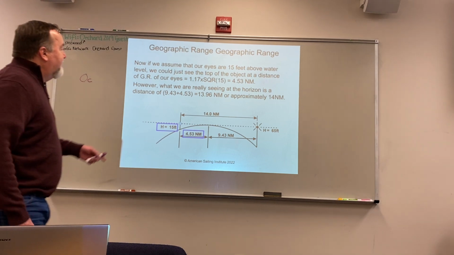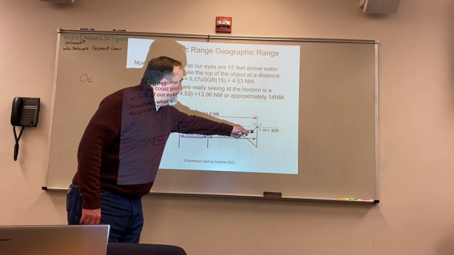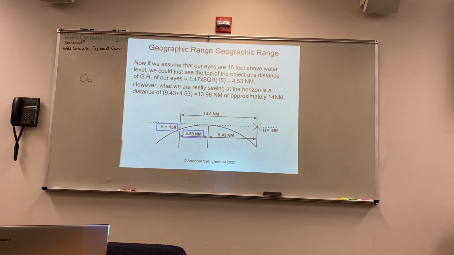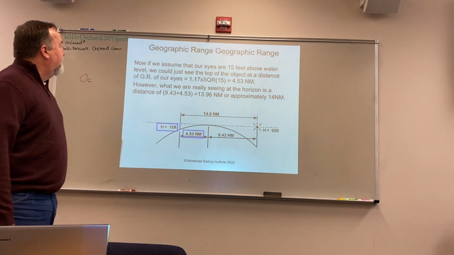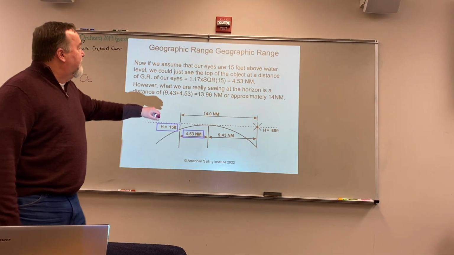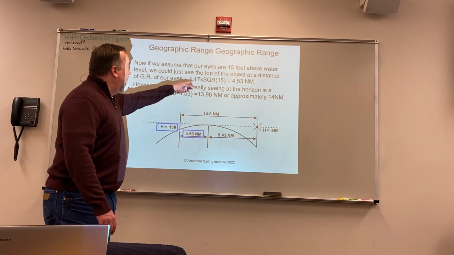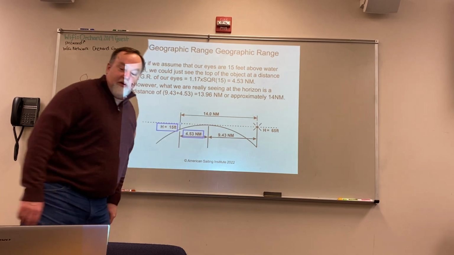But let's say I'm not looking for something floating in the water. I'm looking for that other beacon we were talking about before, something that's 65 feet off the surface of the earth, and it's around the curvature. So again, we take the square root of 65 times 1.17, which gives us 9.3 nautical miles.